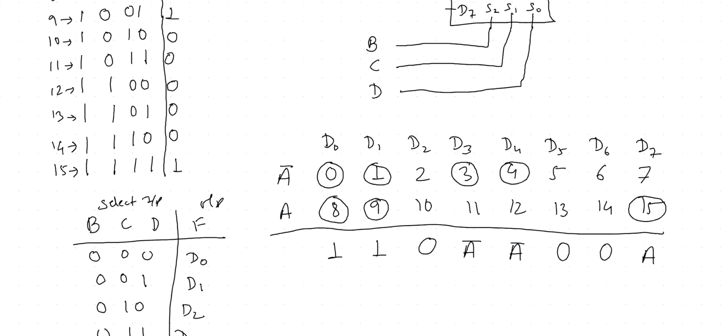So by using all these values, we connect our final mux. So here D0 will be 1, D1 is 1, D2 is 0, D3 will be A bar, D4 will be A bar, D5 is 0, D6 is 0, and D7 will be A. So these things will be connected in the diagram.